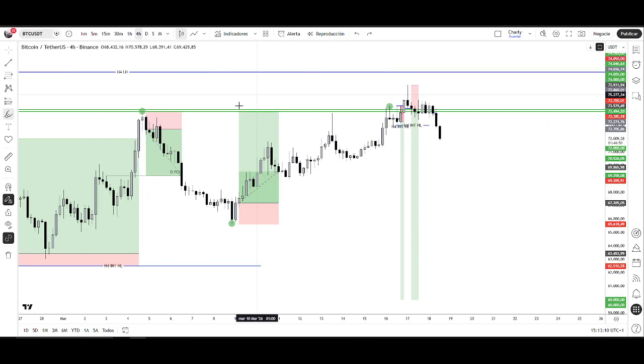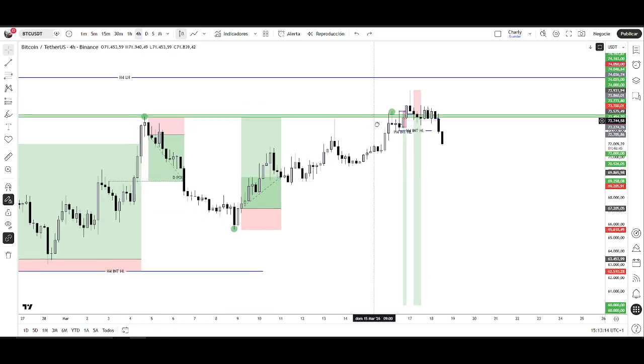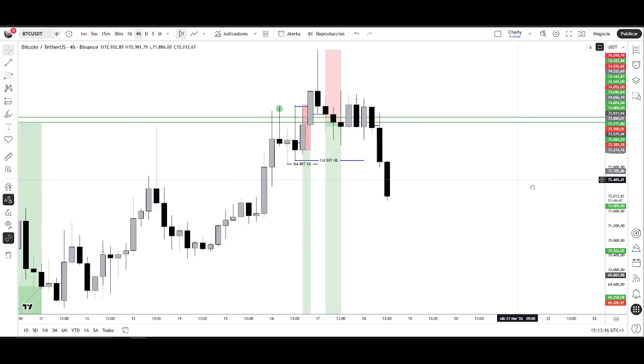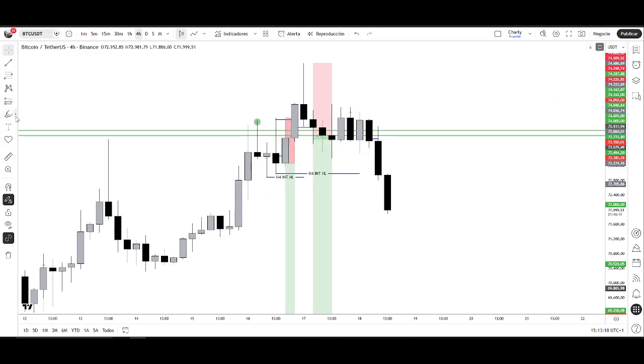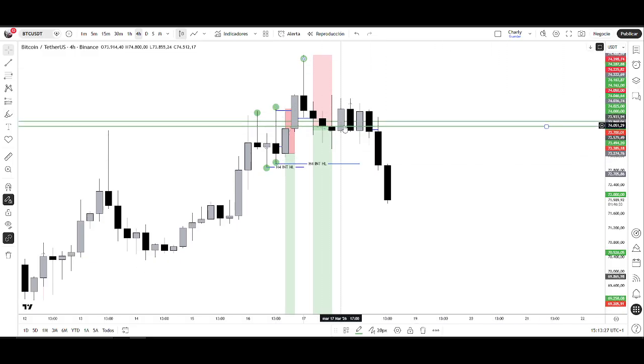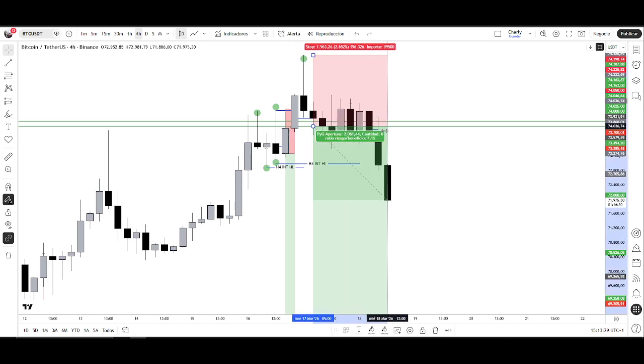Pretty simple. In the 4 hours, we had higher high, higher low, higher high. Good. We all understand that, right? Now, after doing this higher high, market goes and does this higher low, higher high, higher low, higher high. So this is what I call a compression of the price action.